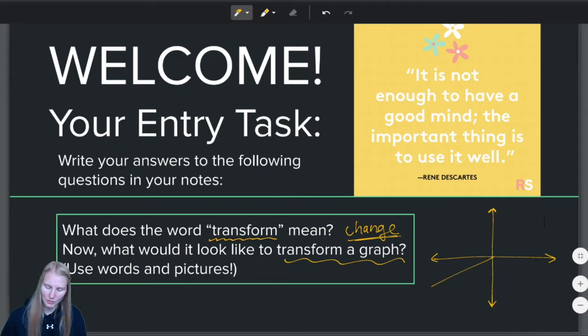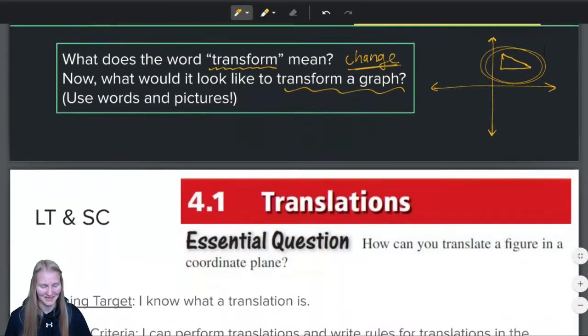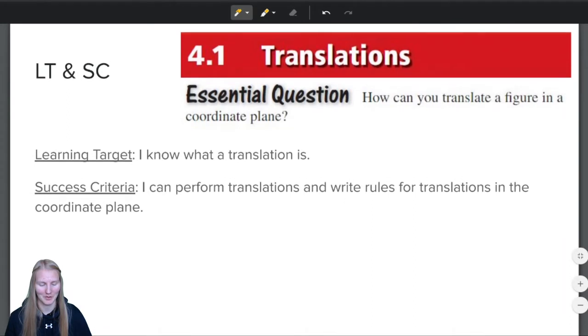So lines, maybe you've seen transformations of lines before, but what happens if we have a shape in the coordinate plane, and we want to transform this shape? Well, that is what chapter 4 is all about. So, without further ado, let's jump in to chapter 4.